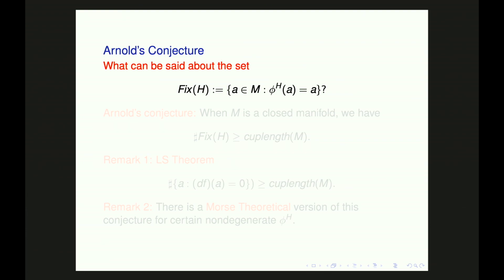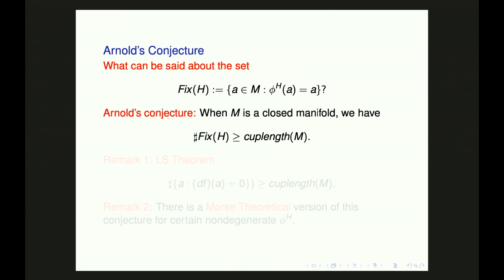So you have a Hamiltonian function defined on a manifold. You solve the corresponding Hamiltonian ODEs. You look at the time one map, and you want to know whether the fixed point is a non-trivial set. And you want to have some sharp lower bound on the number of fixed points of such Hamiltonian.